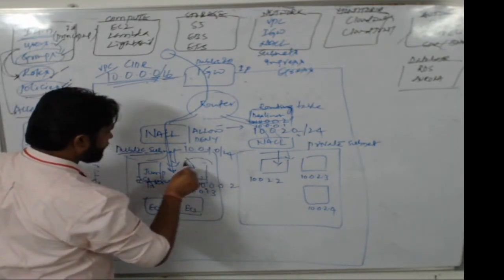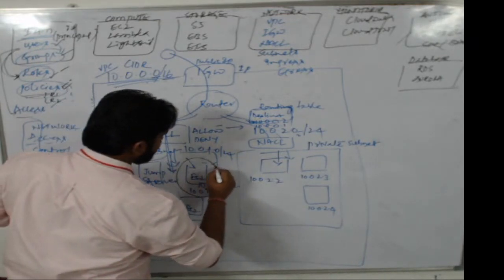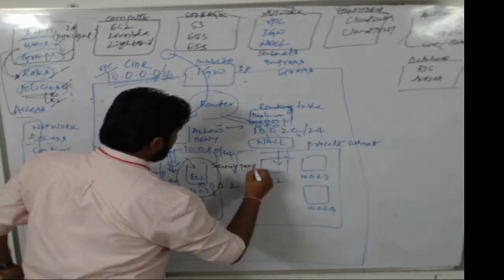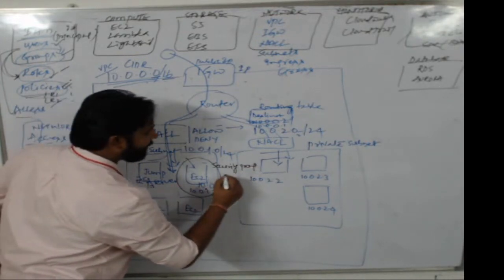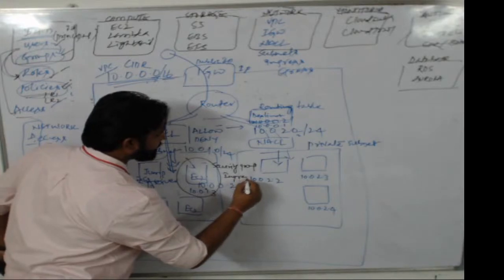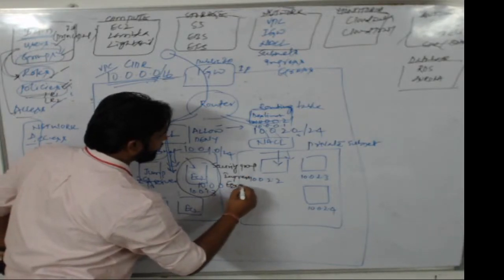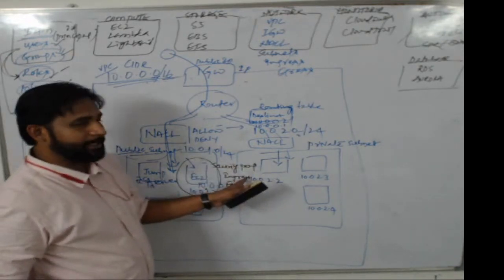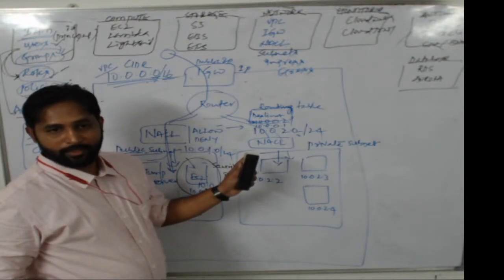So around all EC2s, you have a security group. Now this security group defines the ingress and egress. It tells what can come in, what can go.